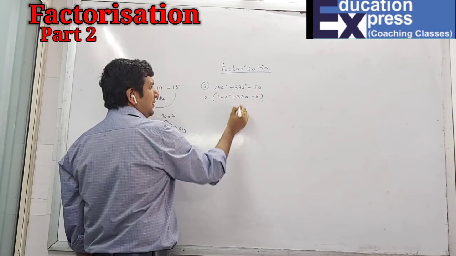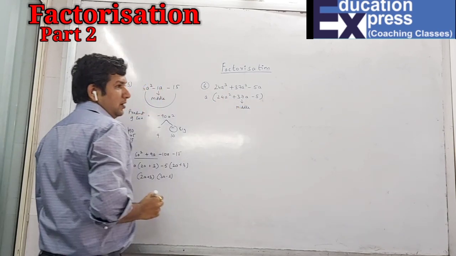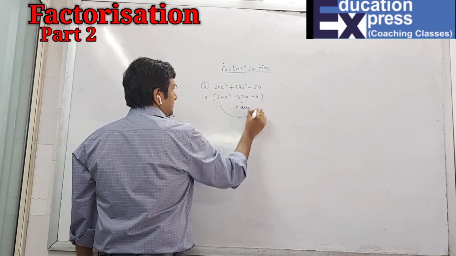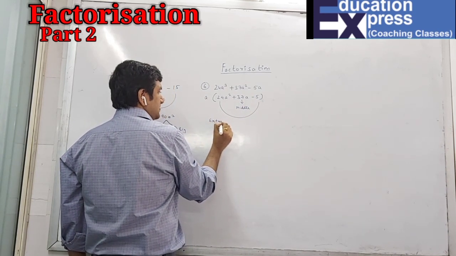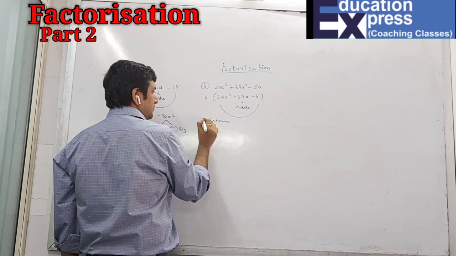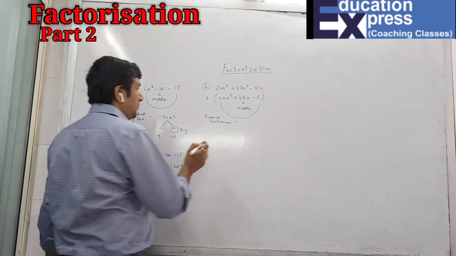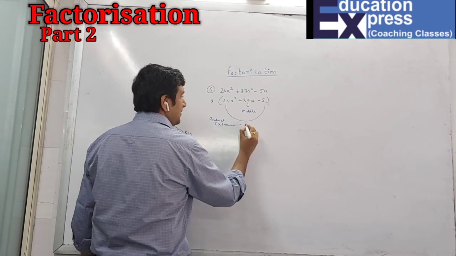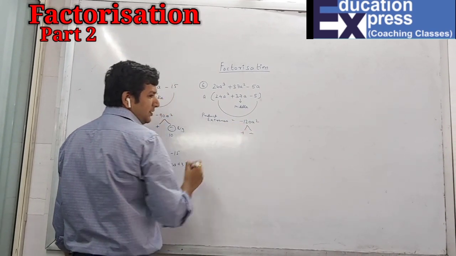So the middle term, and the extremes. The product of the extremes, 24 5s, is minus 120 a square, which again indicates plus and minus.